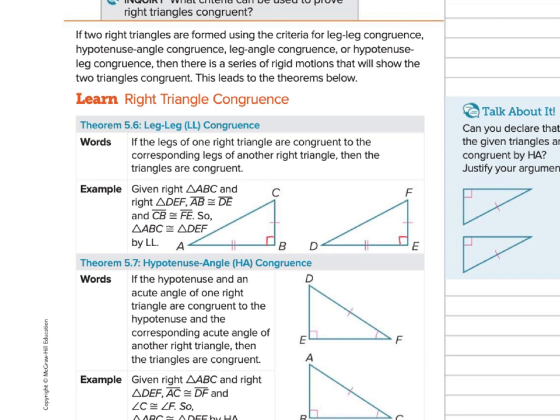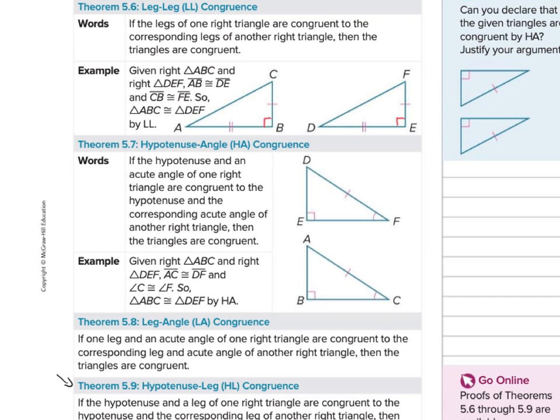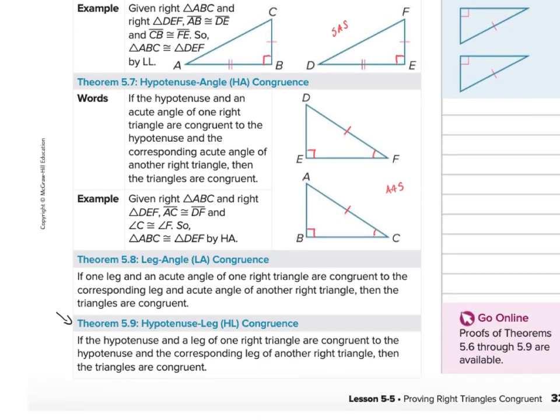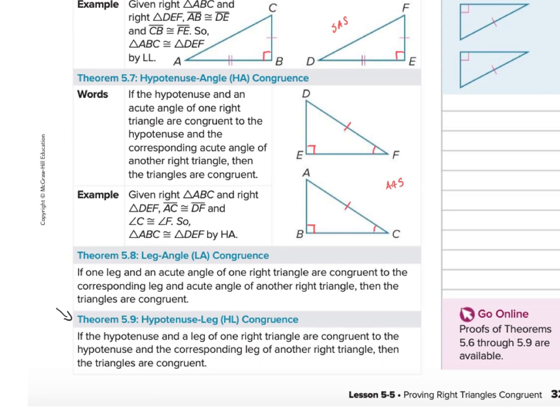Side, angle, side. The hypotenuse angle, again, not specific, that I have right here, side, angle, angle, or angle, angle, side. We often look at that as angle, angle, side. This would be side, angle, side. So we've already covered those.